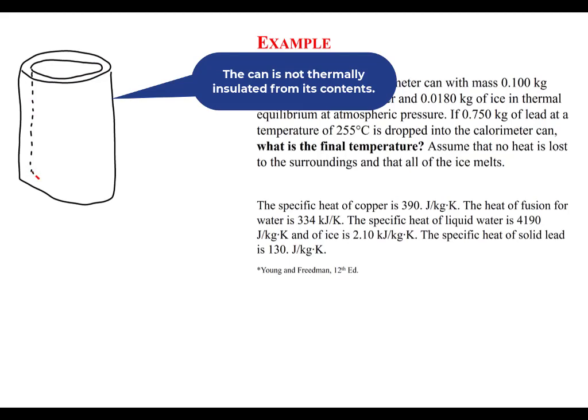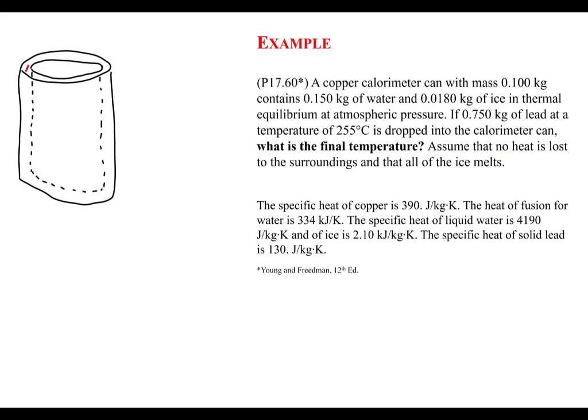So I'll just illustrate that in my picture, and I'll put some hatch marks there to indicate for myself that this copper can will not be exchanging any thermal energy with its environment.